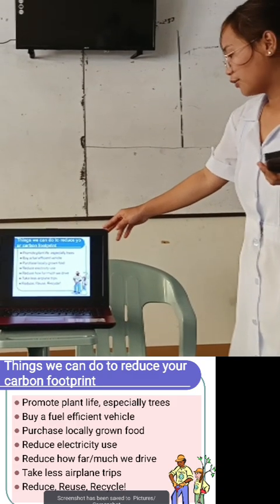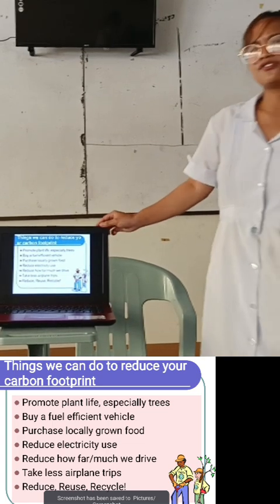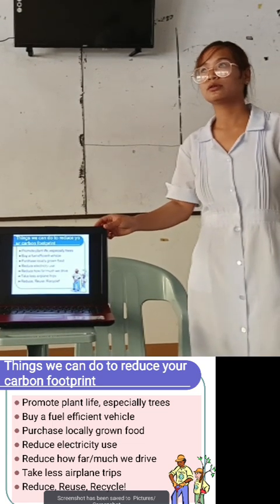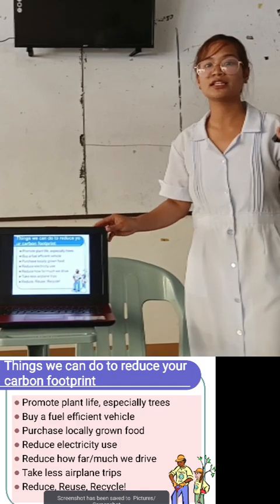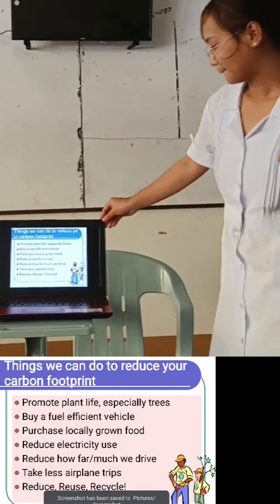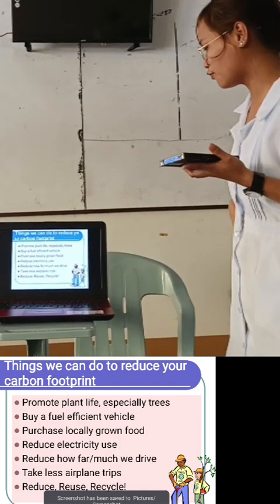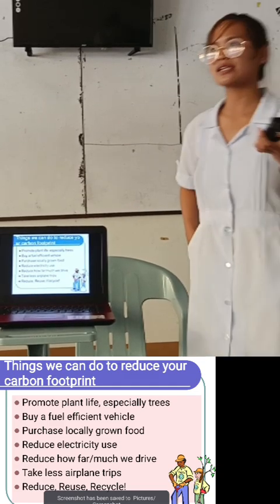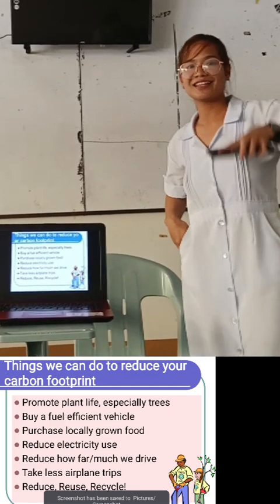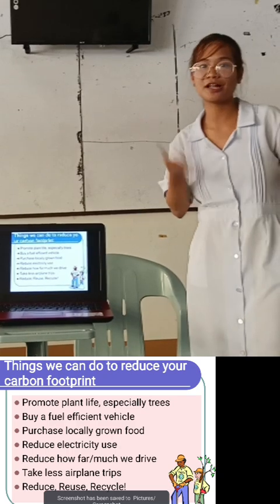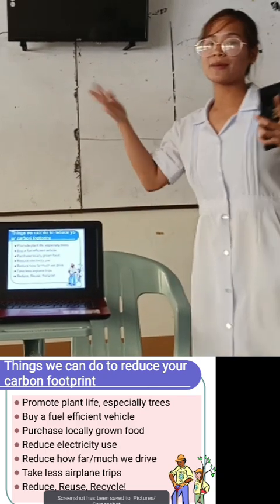Next is reduce electricity use. So, if hindi naman natin ginagamit yung kuryente, pwede naman natin itong patayin. Next is reduce how much we drive. Kung minsan, bawas-bawasan din natin yung pamasyal-pasyal, yung namamasyal dun sa malalayo.